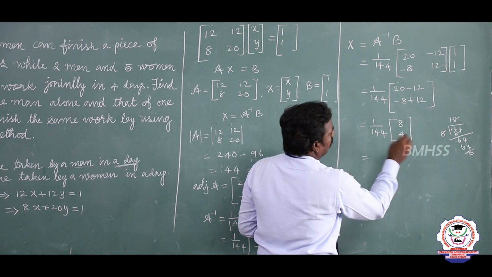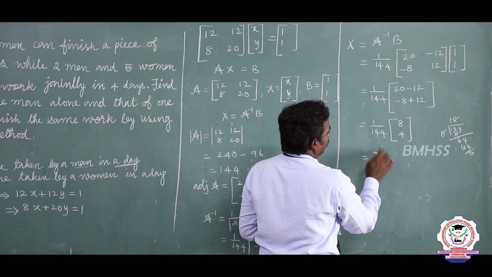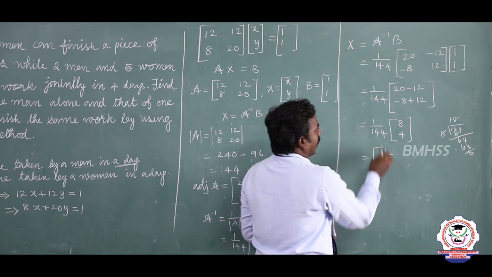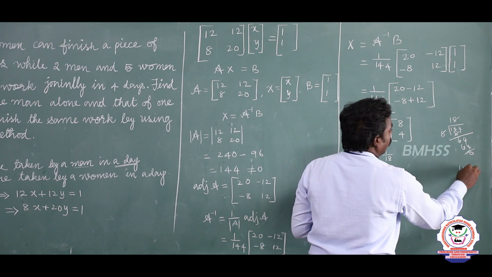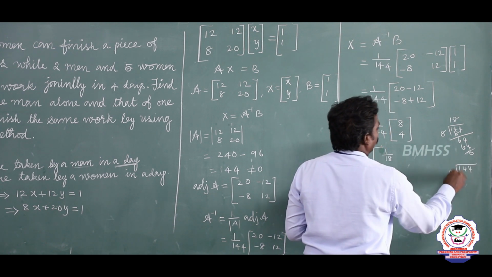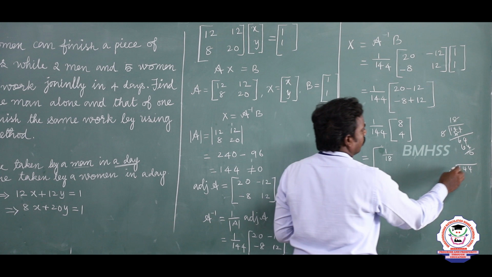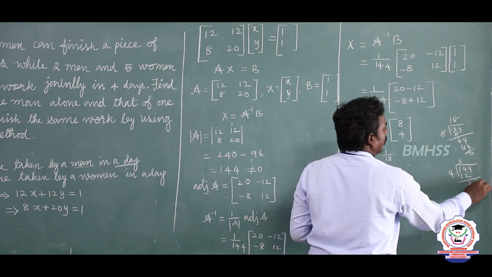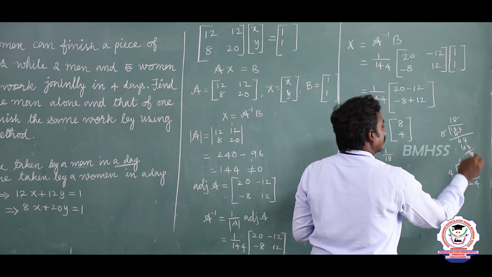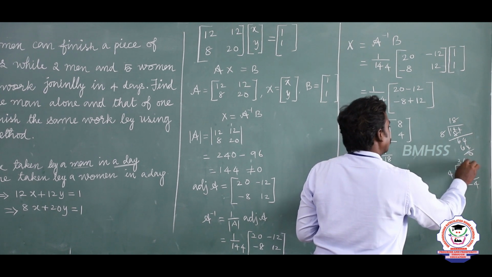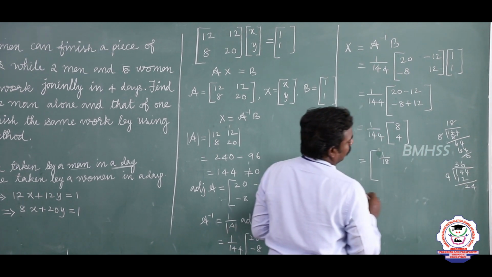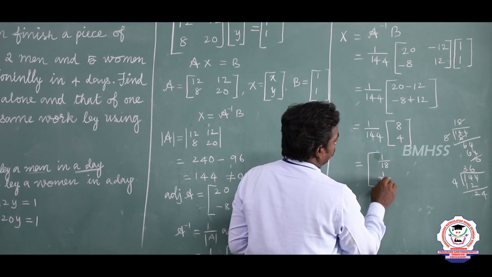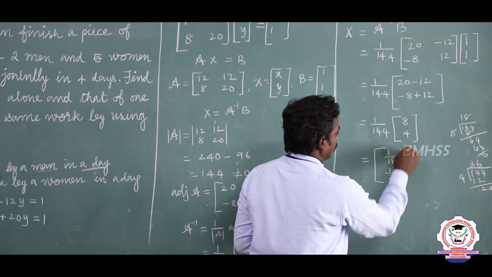From this, 1 by 18. And 144 divided by 4: first we cancel this, very simple. 3 4s are 12, remaining 2 will come in 24. 6 4s are 24. So therefore 1 by 36.